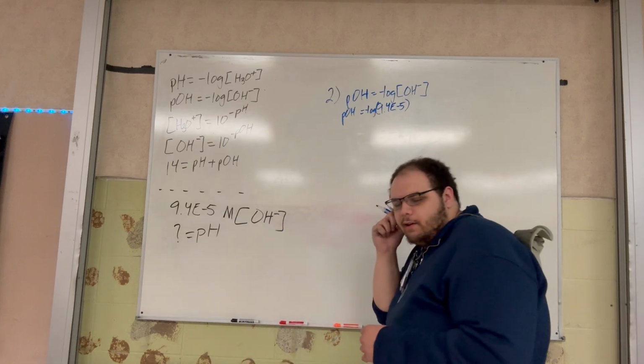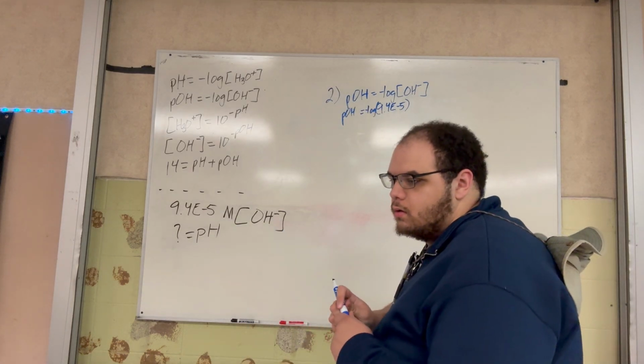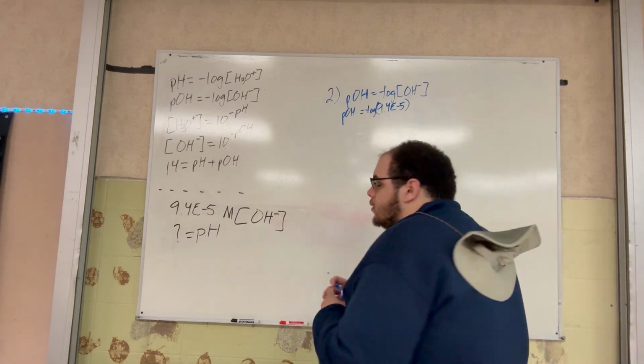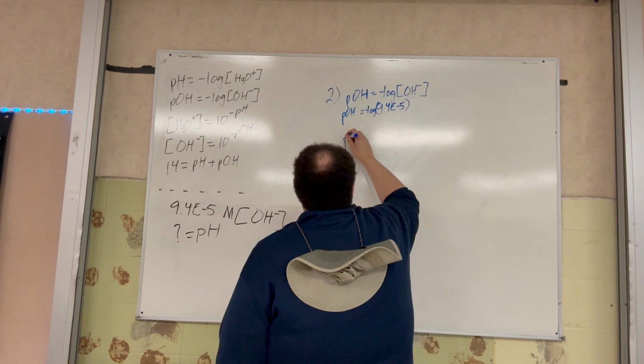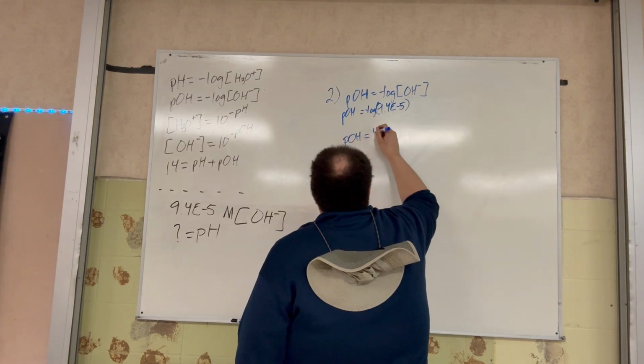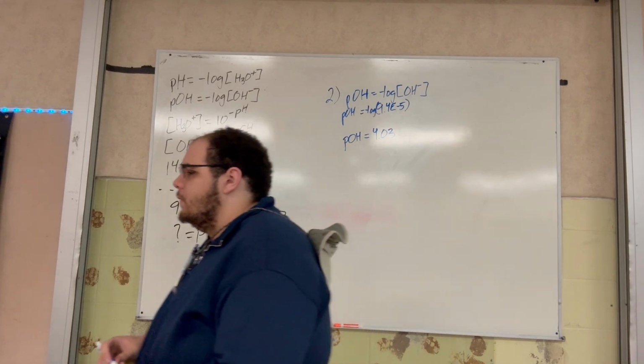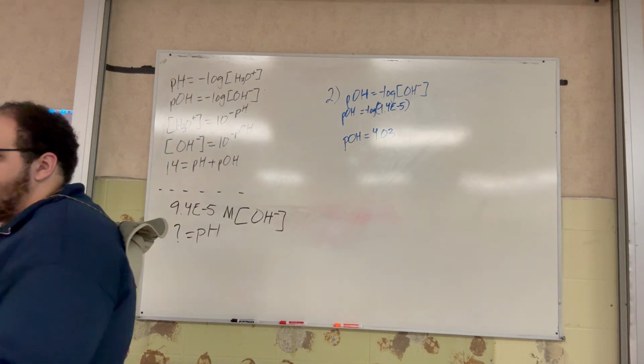When you plug that in your calculator, what do we get? Plug it in and find out. 4.03. We get a POH of 4.03.